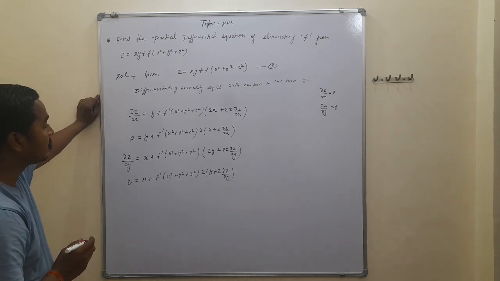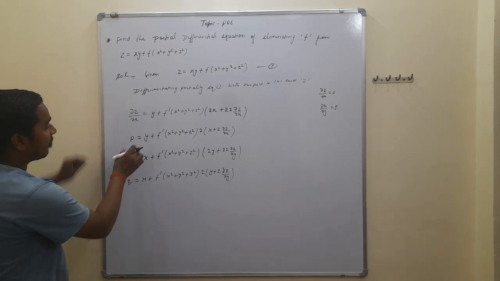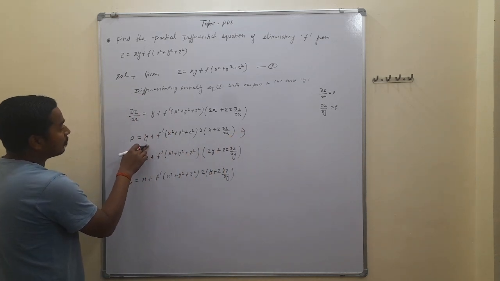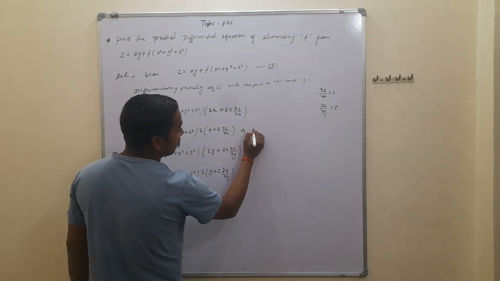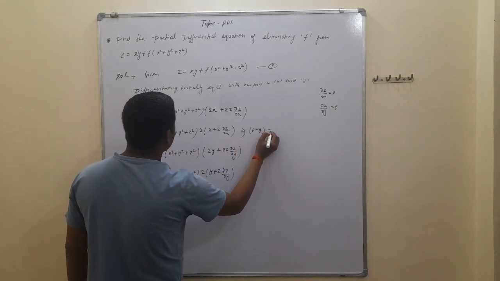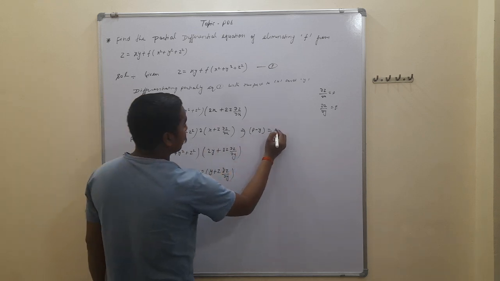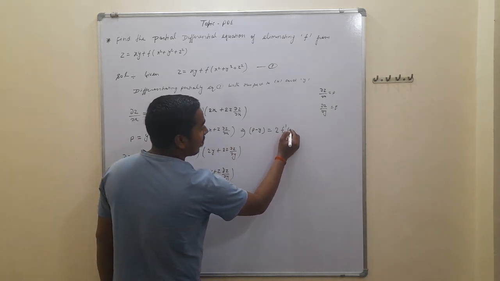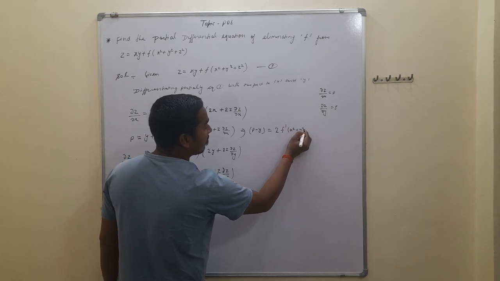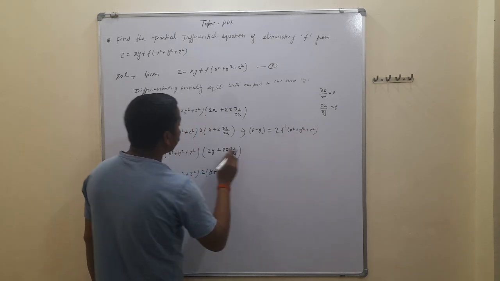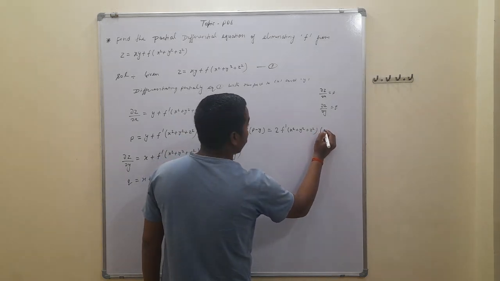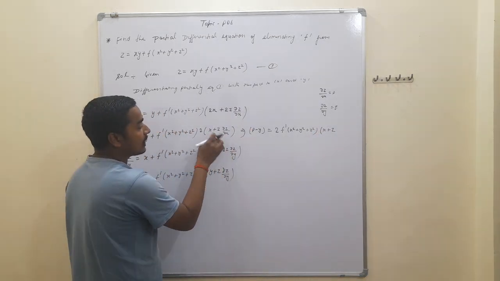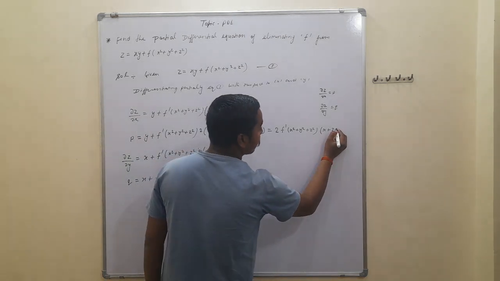Once again, from here, taking y to the left-hand side, this is written as p − y = 2 f'(x² + y² + z²) times (x + z), where in place of ∂z/∂x we put p.